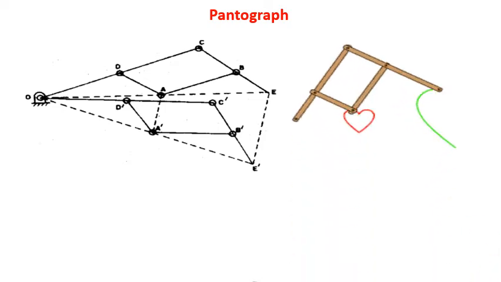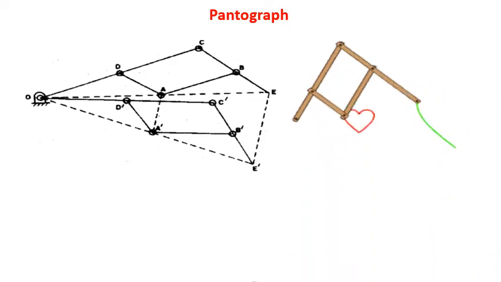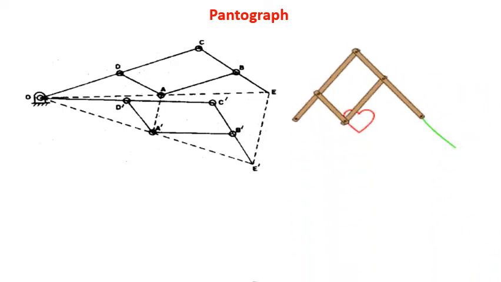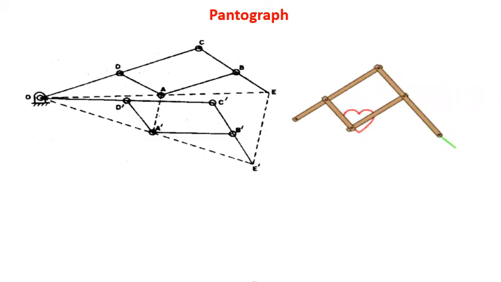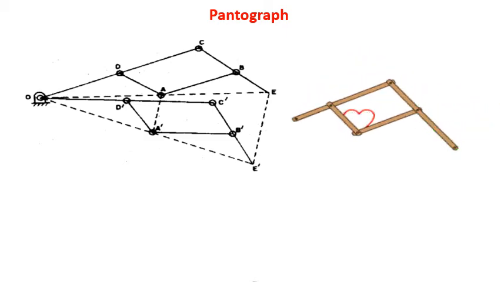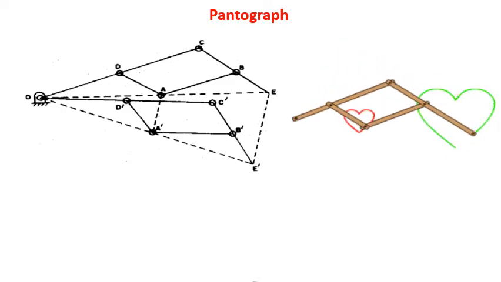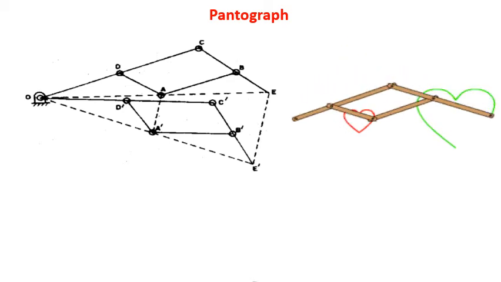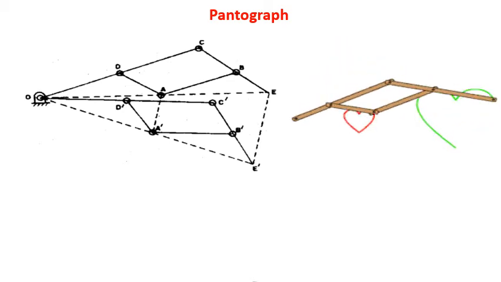Next important type of mechanism is the pantograph. If you see the animation, you will come to know the application of a pantograph. Usually we use this pantograph to copy images, or to enlarge or reduce the given images.